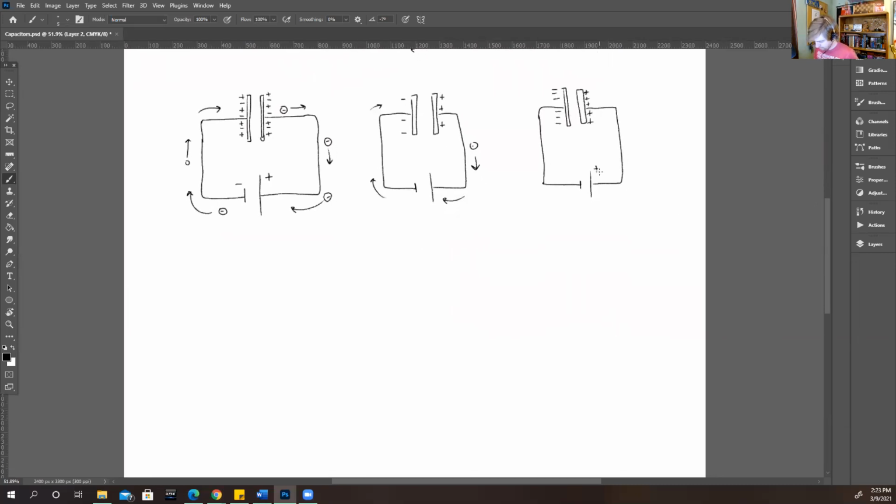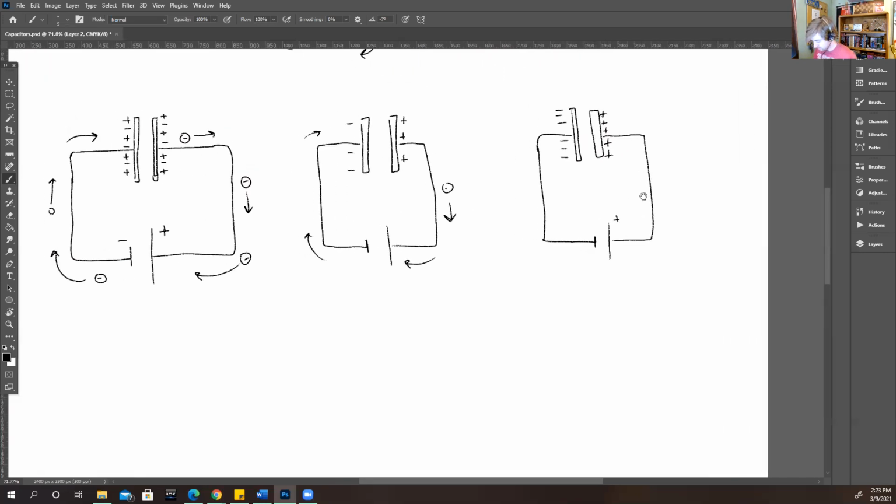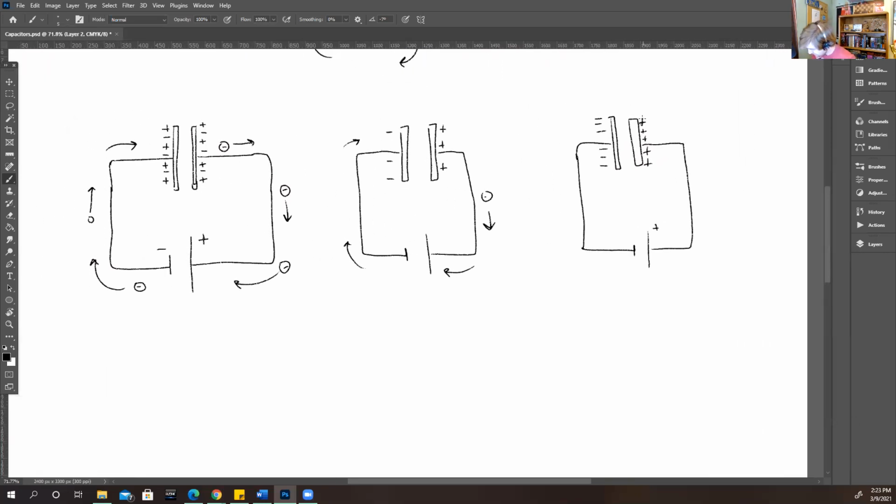Now we have this capacitor up here at the top. A capacitor holds a specific amount of charge. So let's look at the charge. There's a certain amount of charge on each plate. Let's see, did I do it right? No, I need to add one more. There.